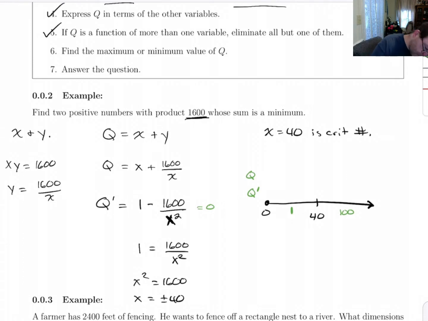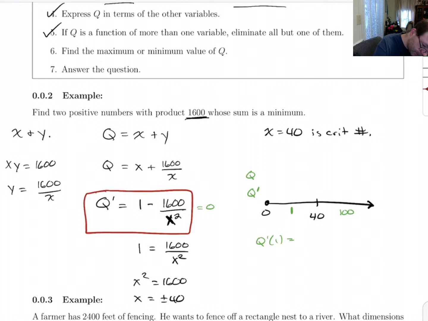All right, so if I do q prime of 1, I'm plugging 1 back into this over here. So q prime of 1 is going to be 1 minus 1600, which is very negative.